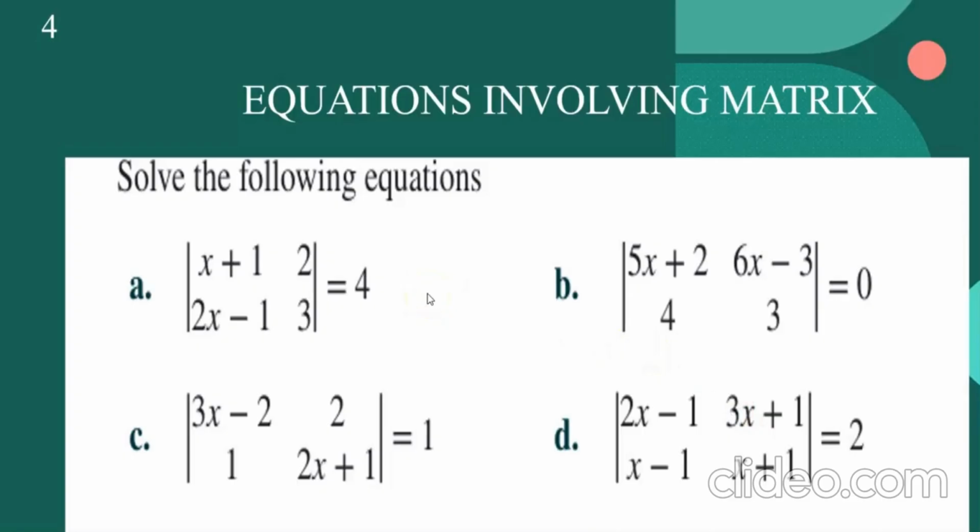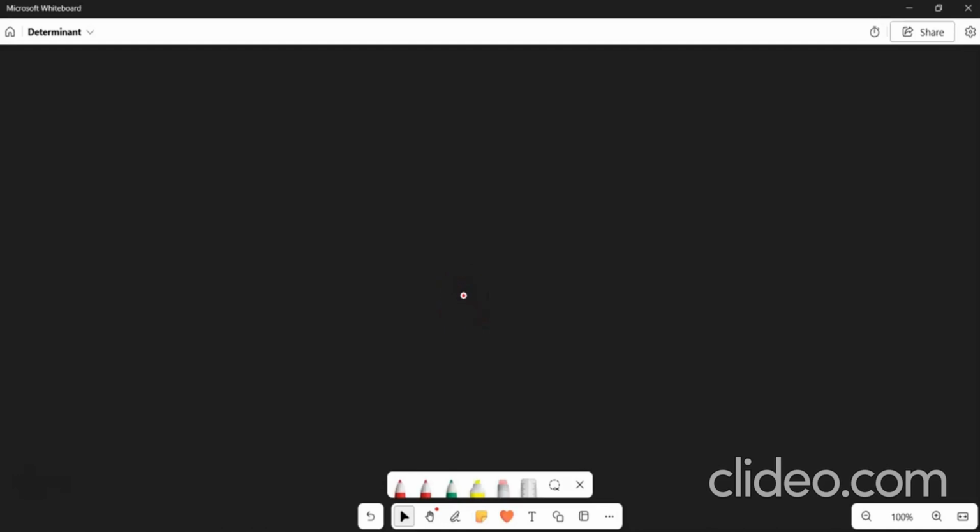So we will do the first two, and then you also do the other two. So let's go. We have the determinant to be 4, and we are to find the value of x.